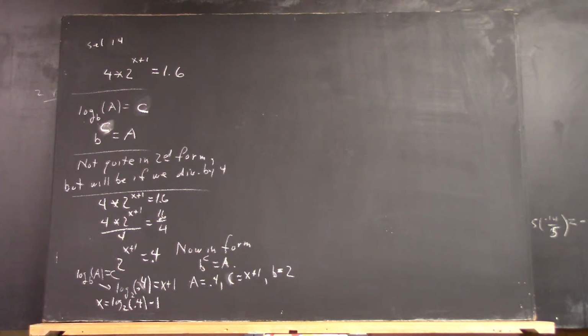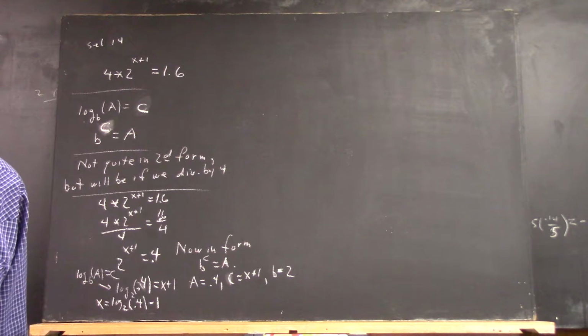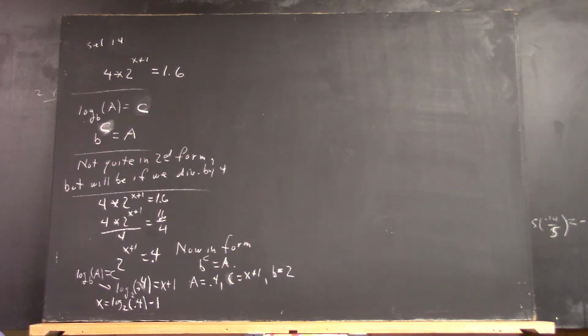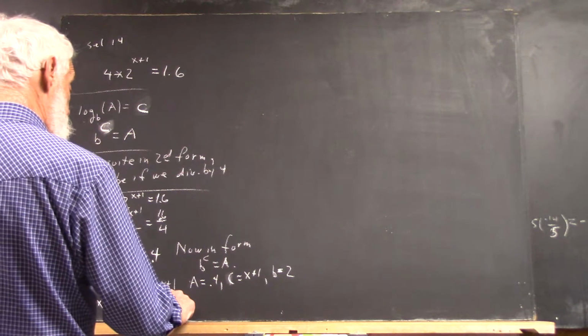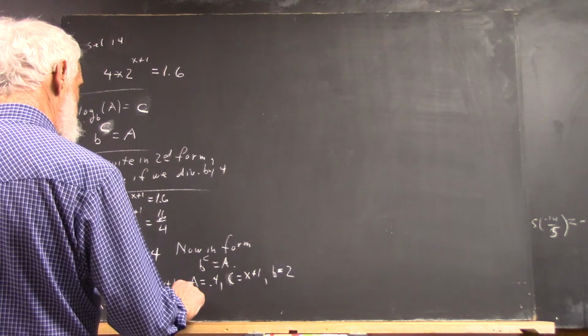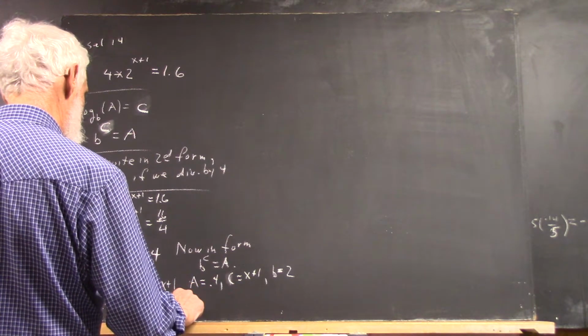Now log base 2 of 0.4 is about negative 1.2 maybe. Okay? How do I get that? Well, I've got a picture of the log function in my head now after doing a couple of estimates. So I can draw a graph and see where 0.4 is and see what that gives me for the log, right? And I think it's about 1.2. So I'll say it approximately equals question mark.